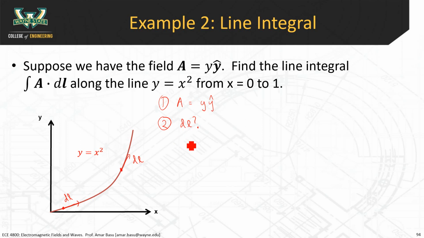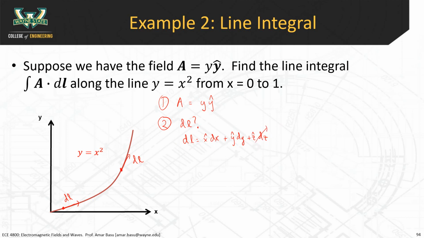So our definition, dl equals x hat dx plus y hat dy plus z hat dz. In this case, we are not in a three-dimensional coordinate system, so our dz is going to be 0. So we can get rid of that right away.